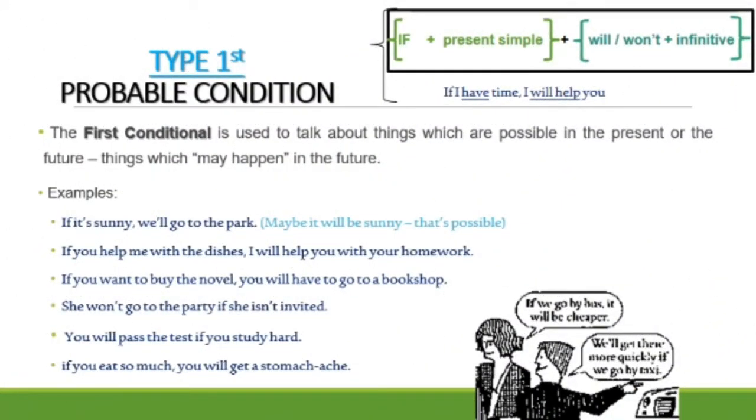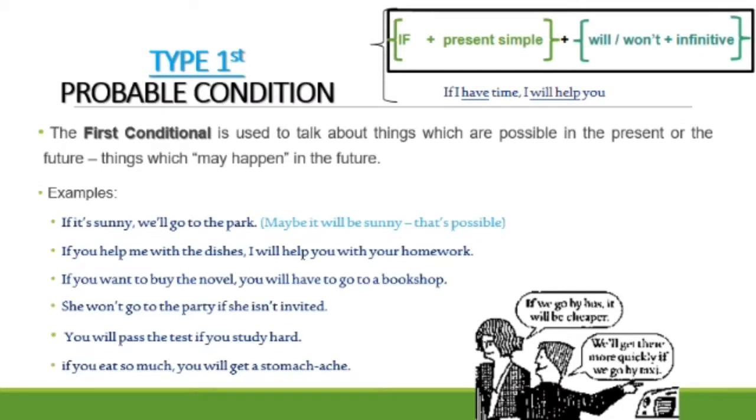So we have the form of type 1. Probable condition: if plus present simple, then will, won't, that is the negative, plus infinitive. Like here, in the if clause we have to use present simple. If I have time, then in the main clause I have to use the simple future, that's will plus infinitive: I will help you.